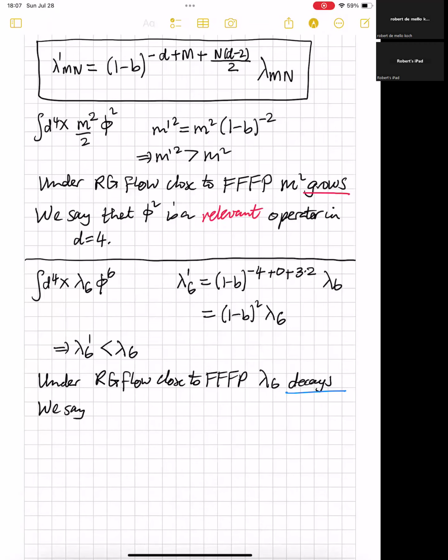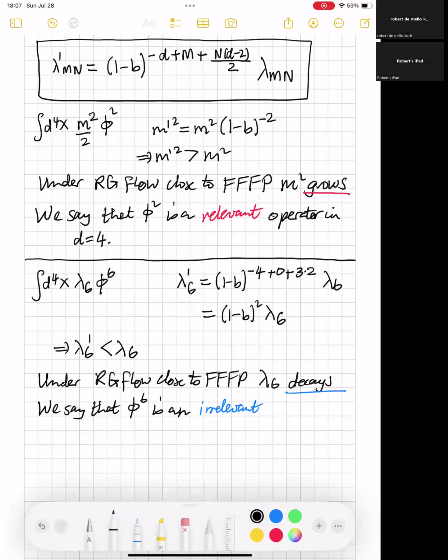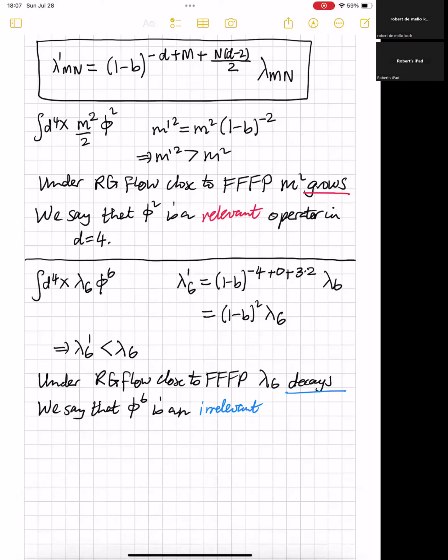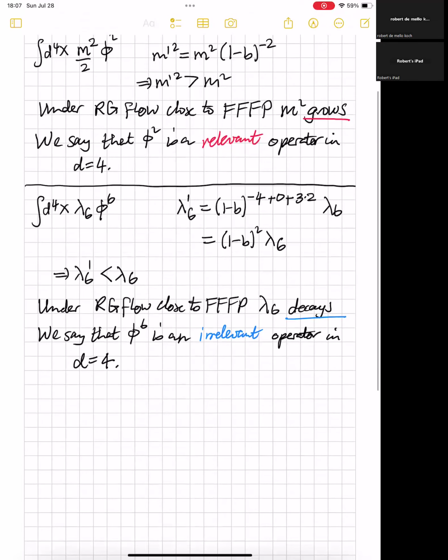We say that phi to the 6 is an irrelevant operator in D is equal to 4. So I'm always being careful to say in what dimension I'm in, because whether an operator is marginal, relevant, or irrelevant depends on what dimension you're in.